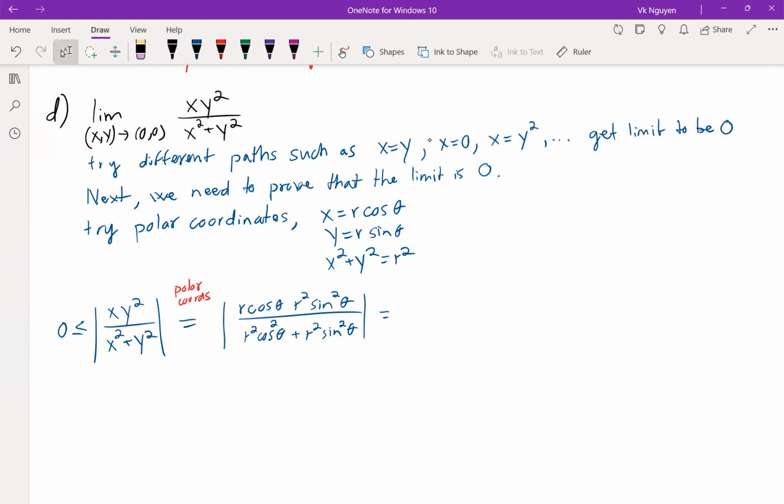Well, you will see that down here it is just going to be r squared, because sine squared plus cosine squared is equal to 1. And we know the radius cannot be a negative number, right? So I'm going to do this one first.